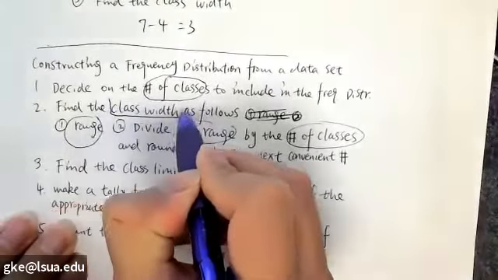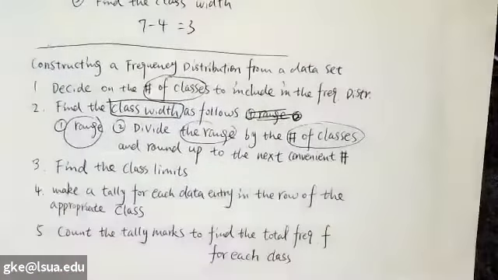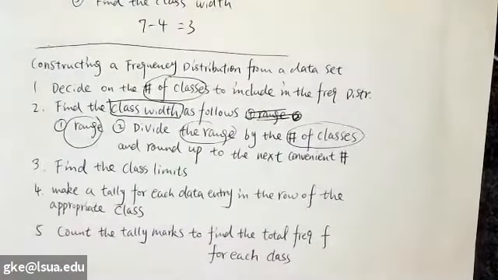Class width. And that's one important thing you will probably easily make a mistake on. After you do the division, you may get a decimal.